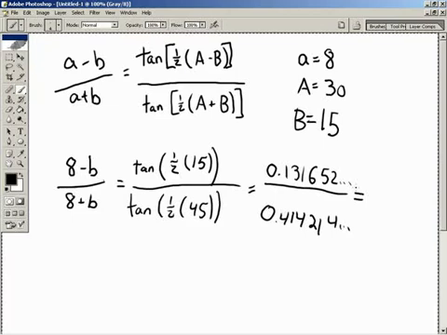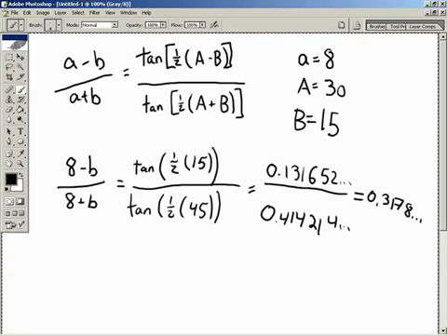I'm like, that answer doesn't make any sense. Tan of 7.5, rather, divided by tan of 22.5. Yeah, that answer makes a lot more sense. Equals 0.3178... Again, there's rounding. You can round to as much or little as you'd like, depending on how accurate and precise you want your answer to be.